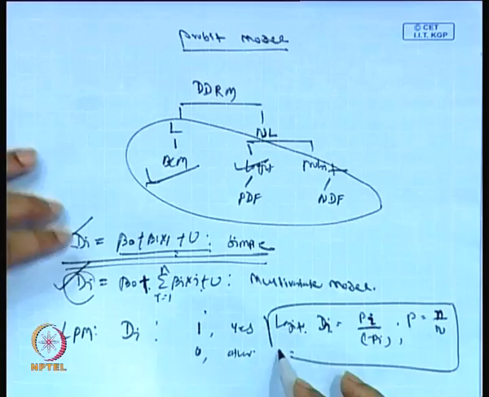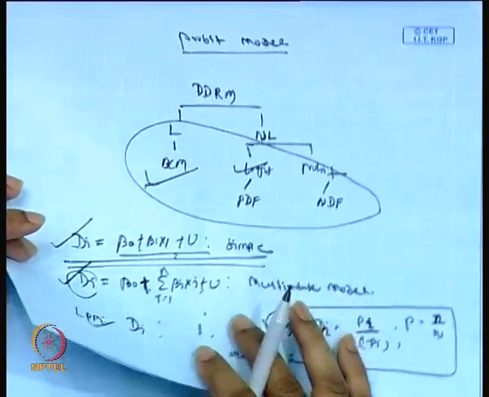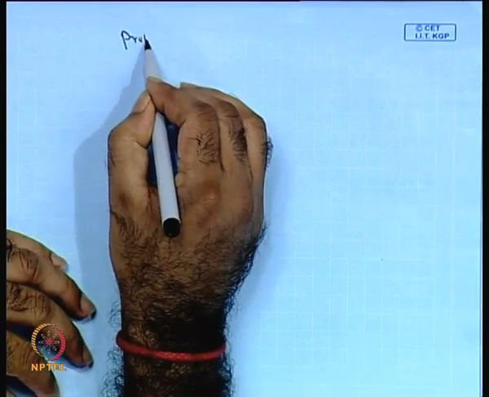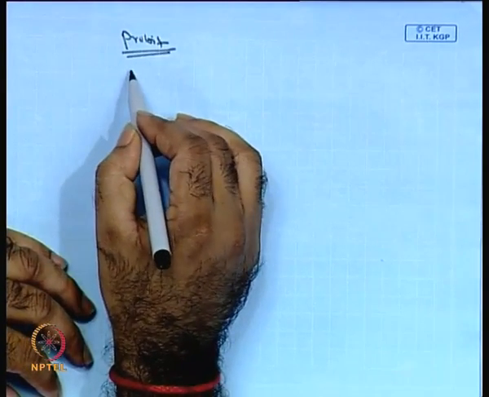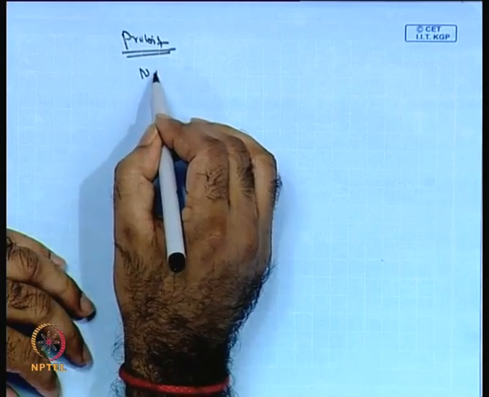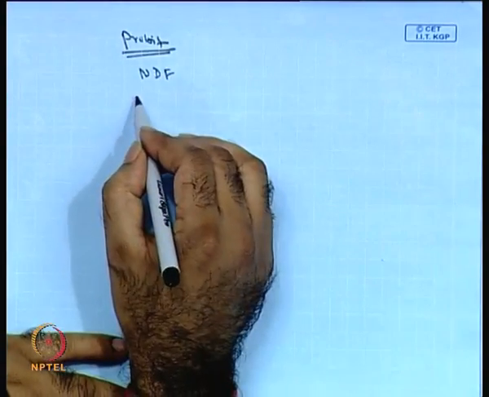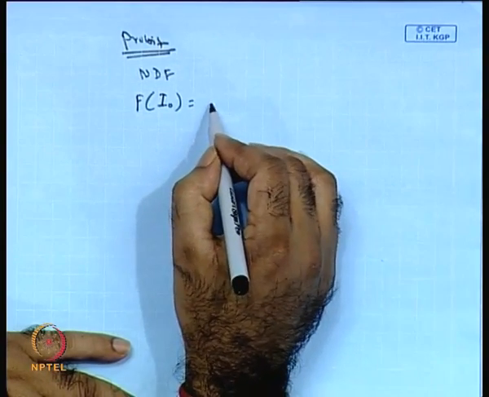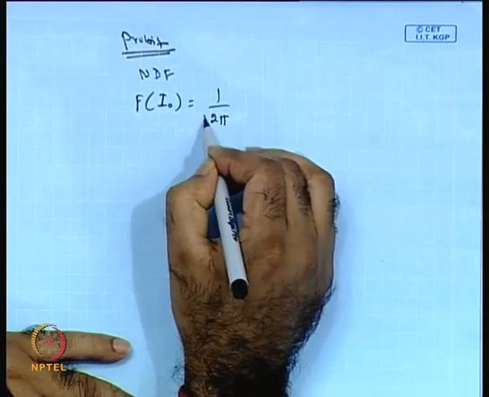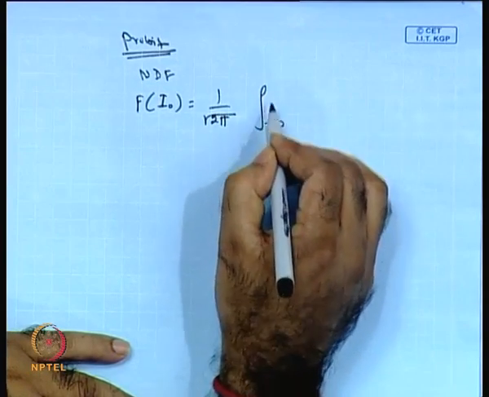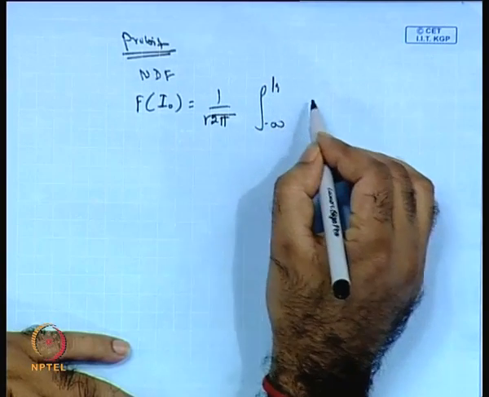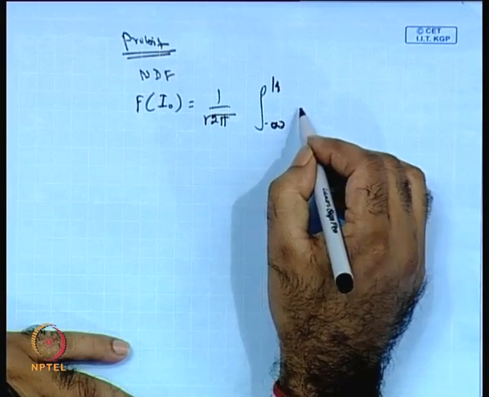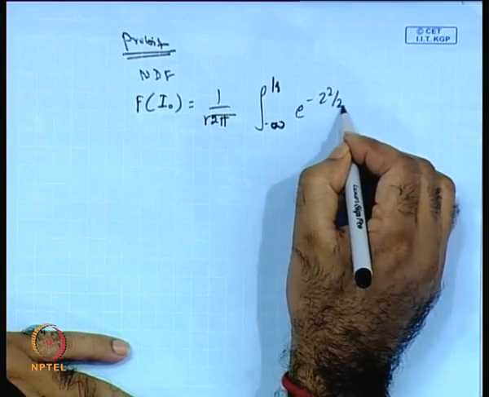Now, the way we have discussed the linear probability model and the Logit model, the Probit model can also be discussed in a similar fashion. For Probit models we use what is called the normal density function. What is this normal density function? It is represented as the normal distribution curve, that is 1 by square root of 2 pi, integral from minus infinity to z of e to the power minus z square by 2 dz.